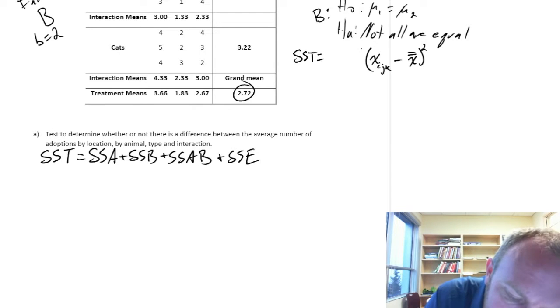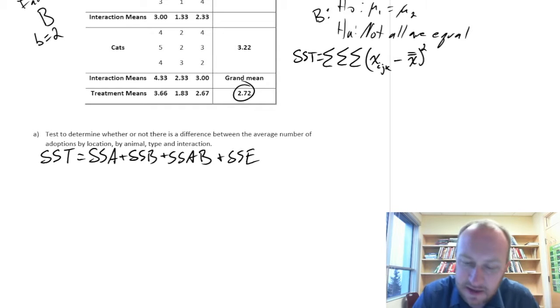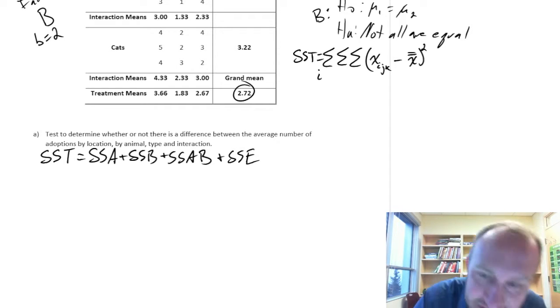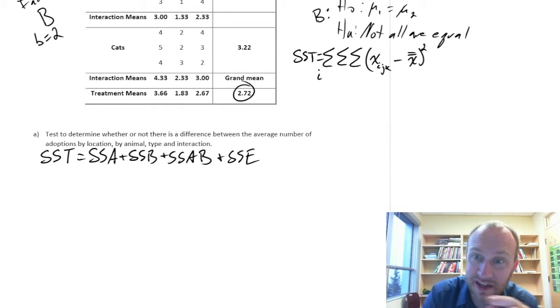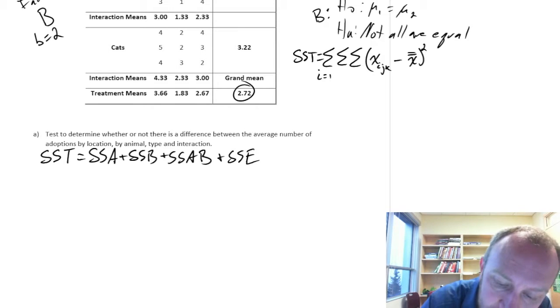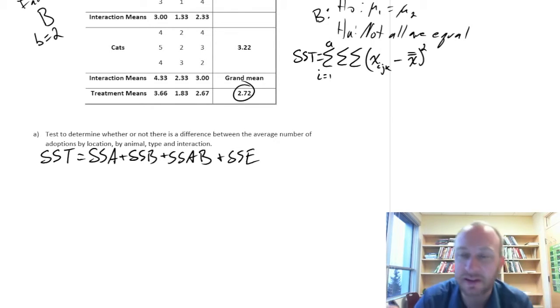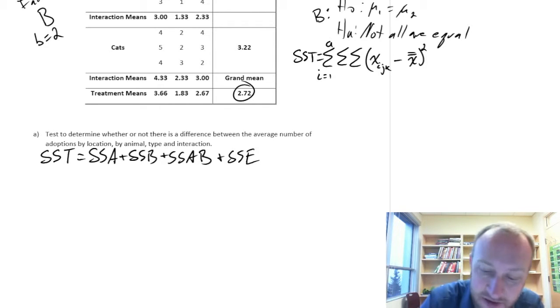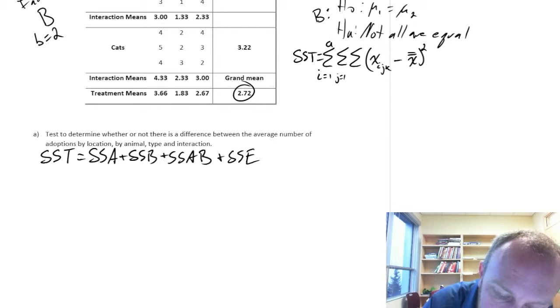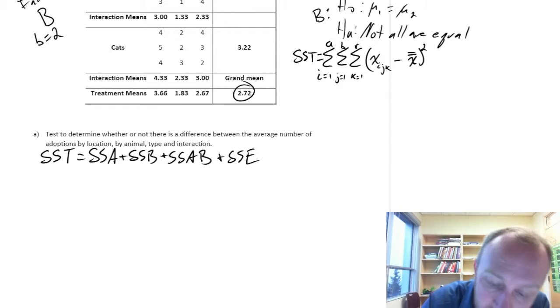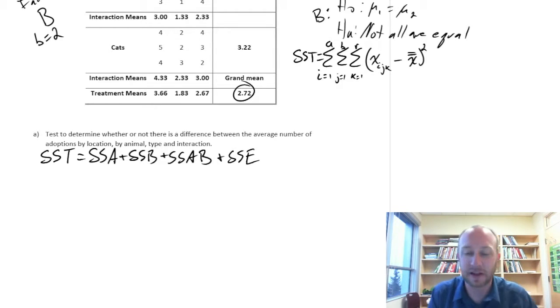But now we have this triple summation, which my students hate seeing, because I now have 3 subscripts denoting different pieces of information. I is 1 through A, so that's across treatments in factor A. J is 1 through B, and K is 1 through R. So that's just going across each replication.